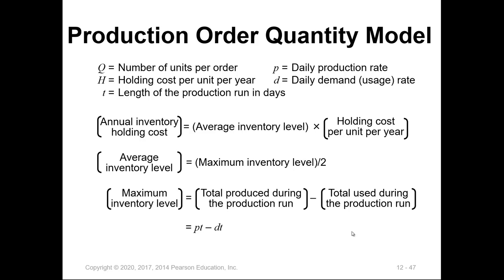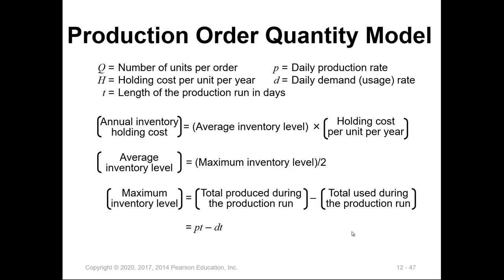So we need to find both. Let's use Q as the number of units per order, P as the daily production rate, and H as the holding cost per unit per year. Lowercase d is the daily demand usage rate, and T is the length of the production run in days.